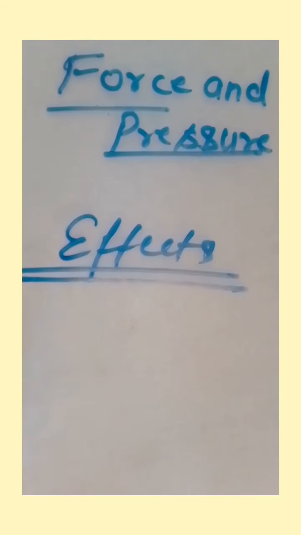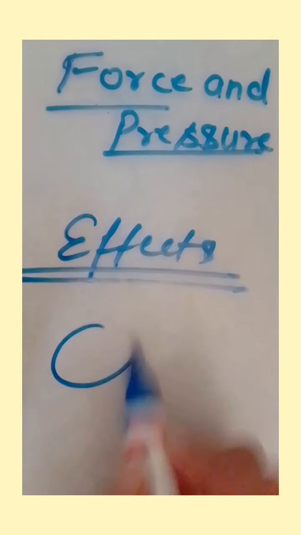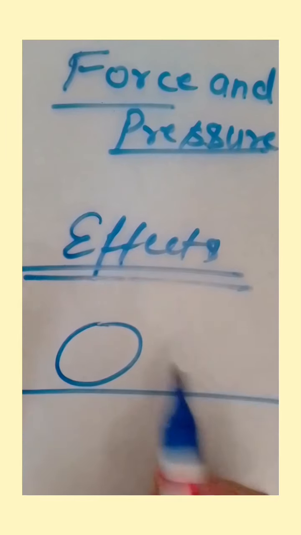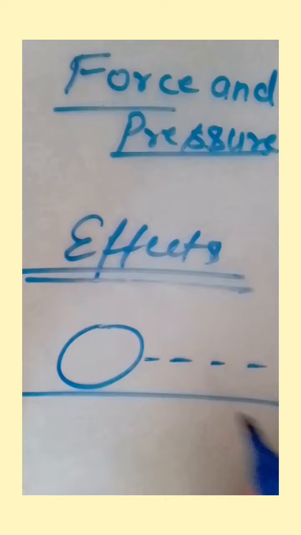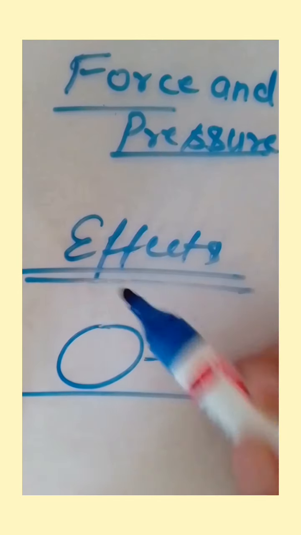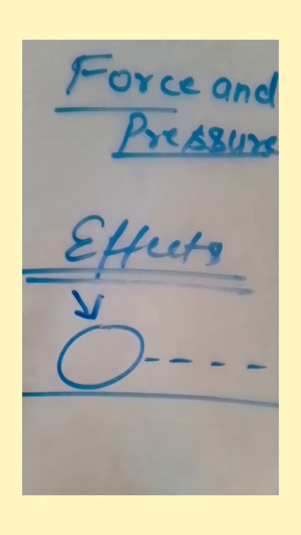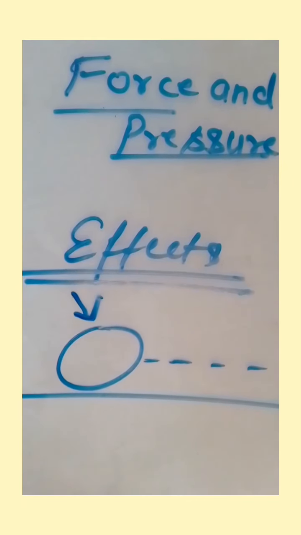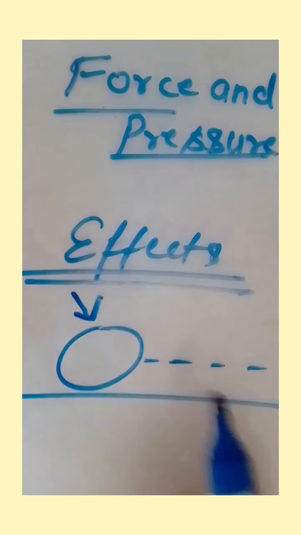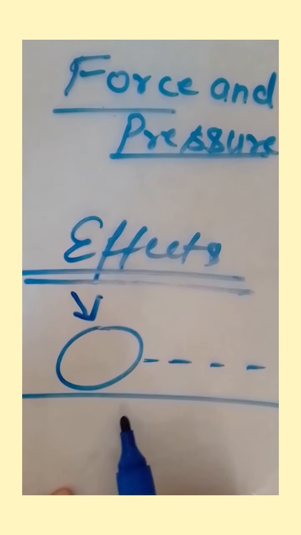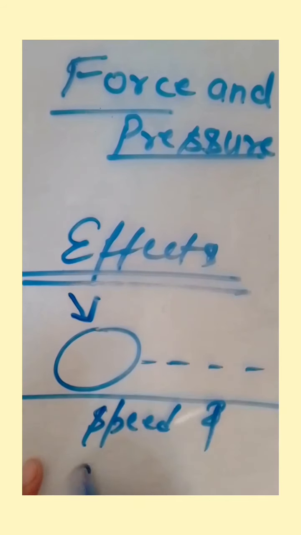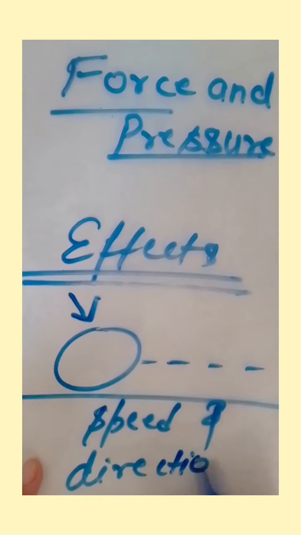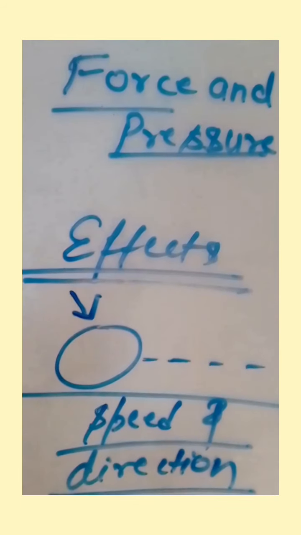Now if our object is moving, this is a table, the object is moving in this side, and we apply force from here. So what will happen here? Both speed and direction will change.